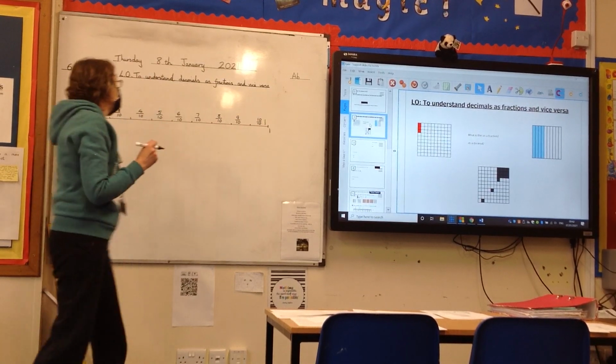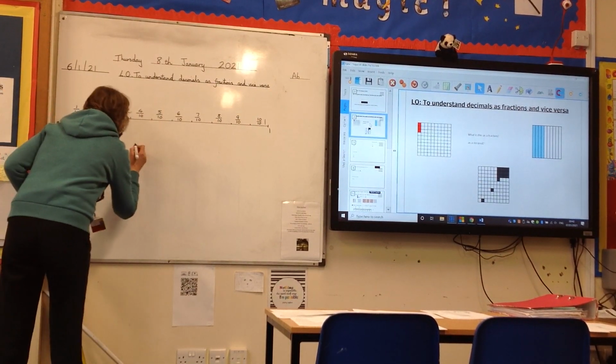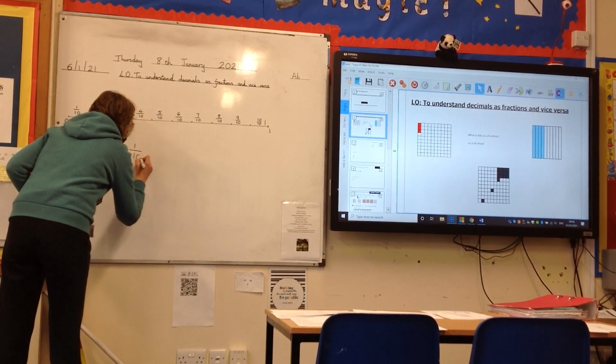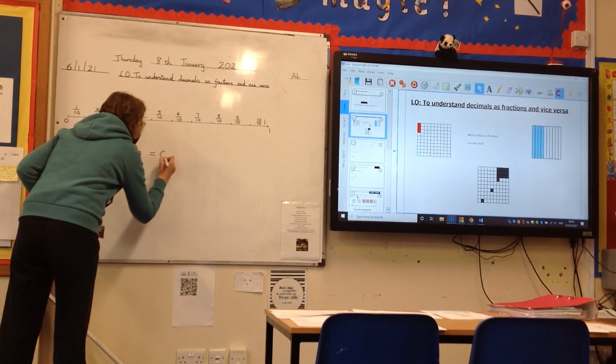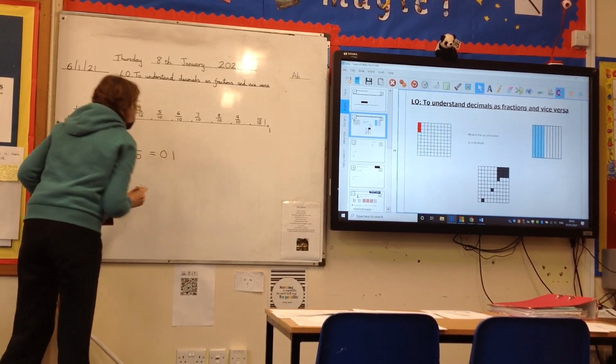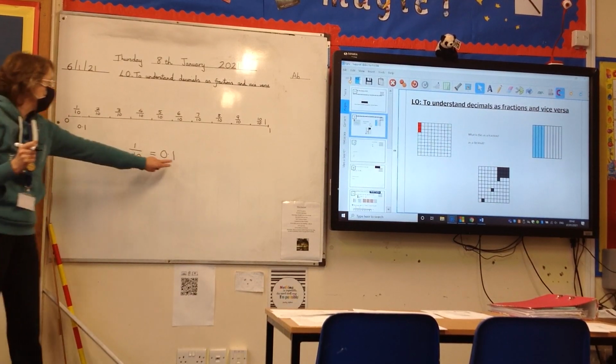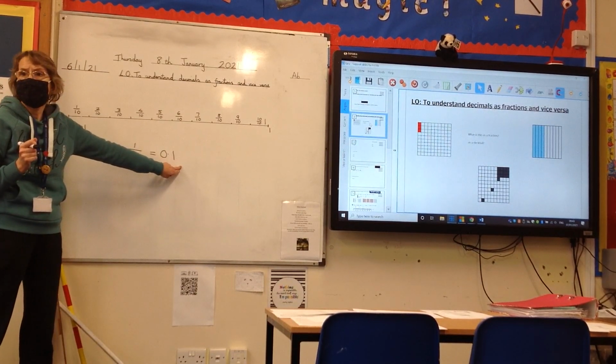It'll be the same on both. Good. So we know that 1/10 is the equivalent of 0.1. 1 in the tens column. Everybody all right with that?